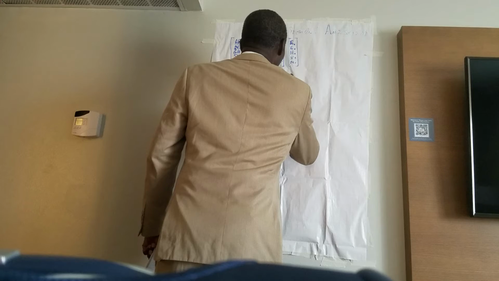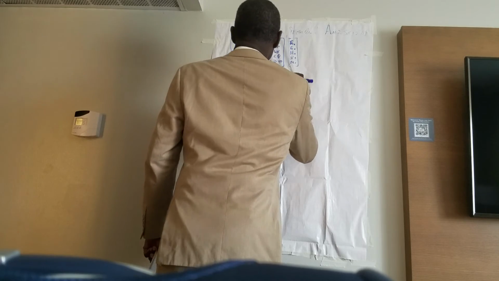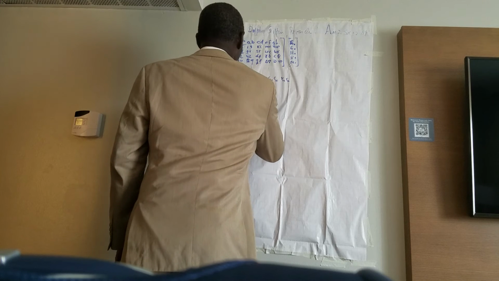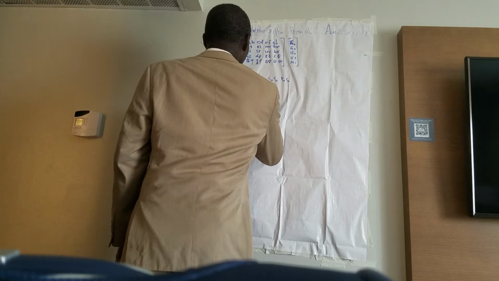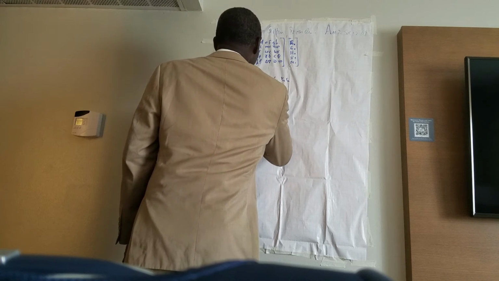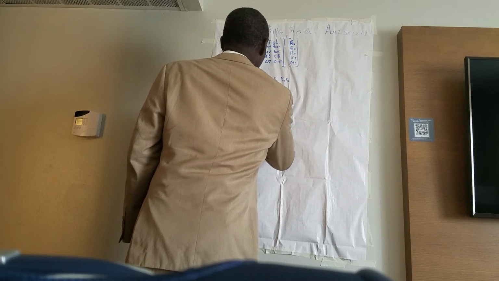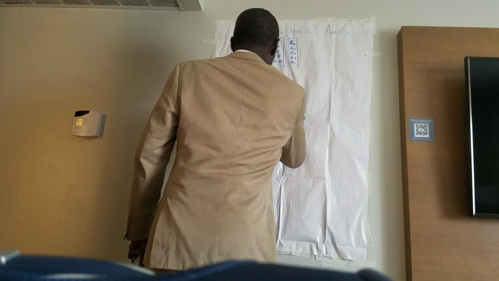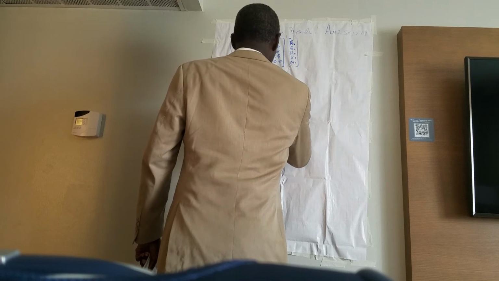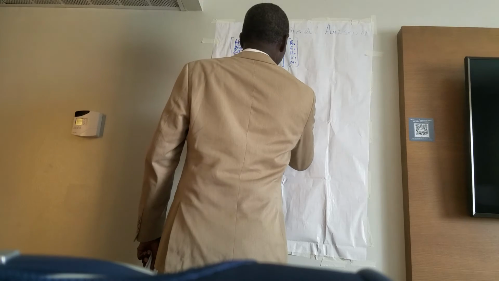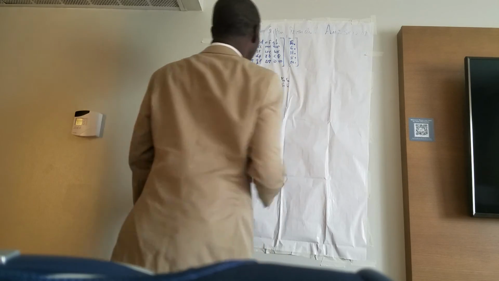R17, R18, and that will complete row 1. And down here now we have R21, R22, L23, L24, C25, C26, and R27, R28.